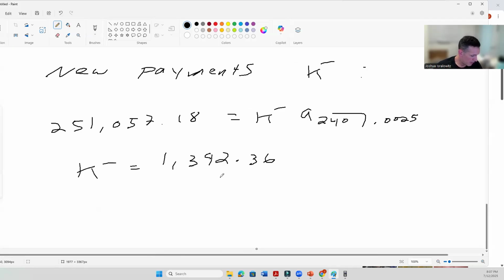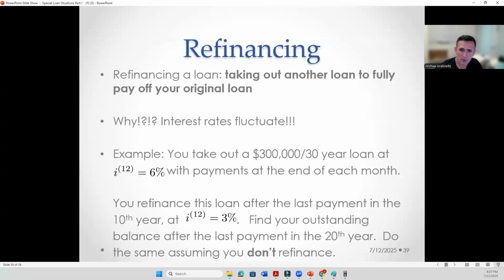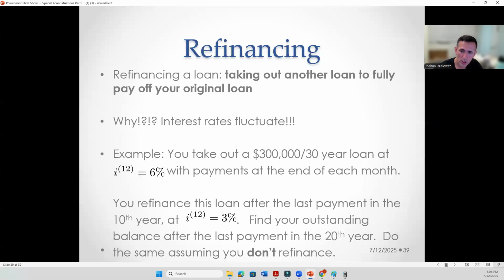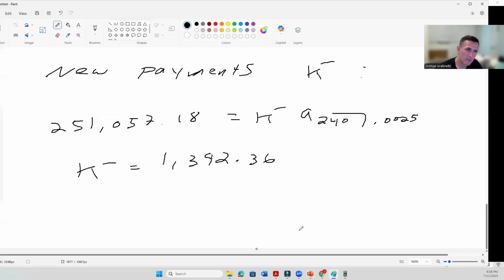Okay, finally, I want the outstanding balance after 20 years total. So it's 20 years from the beginning, if I'm not clear, so it's 10 years into this new loan. That's E. That's W.